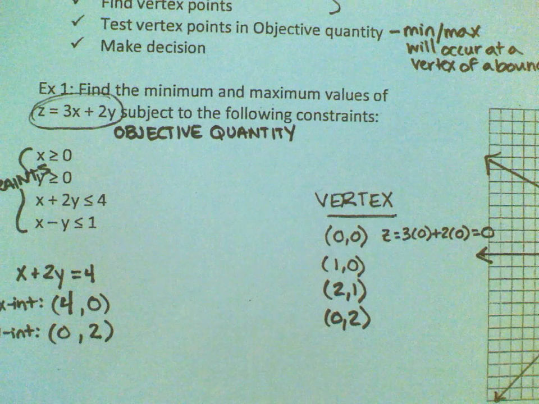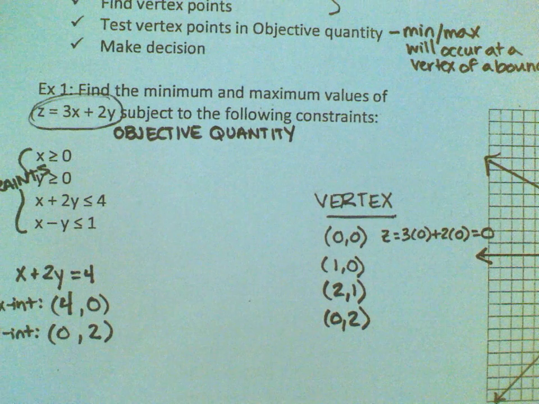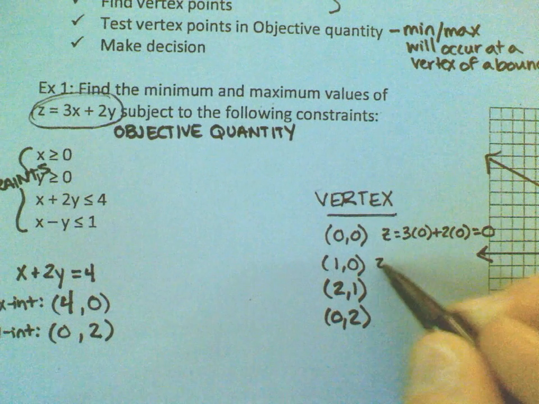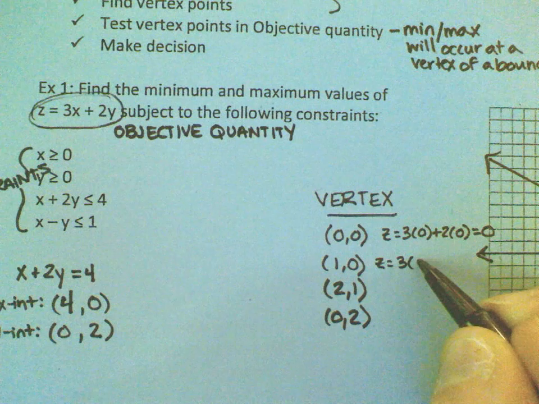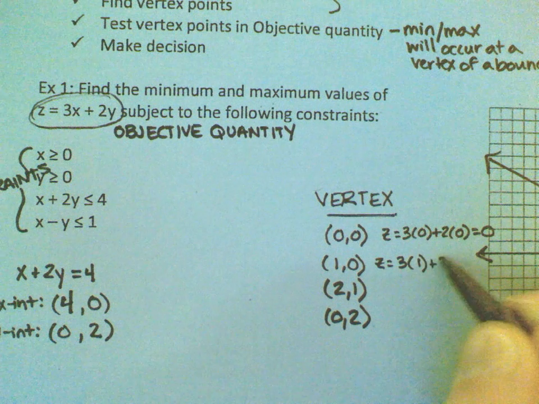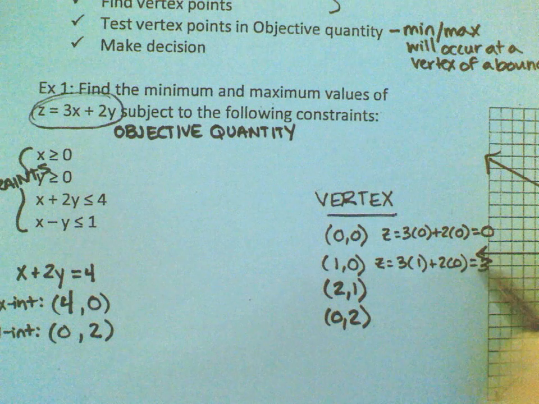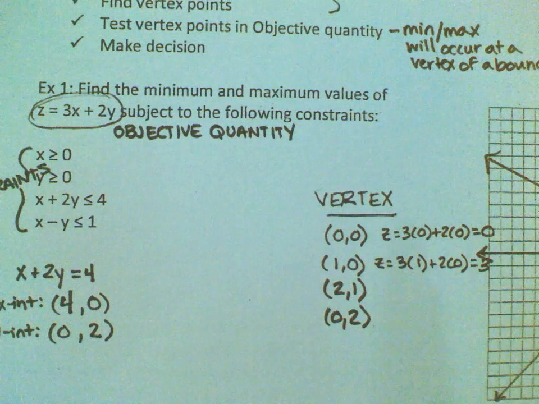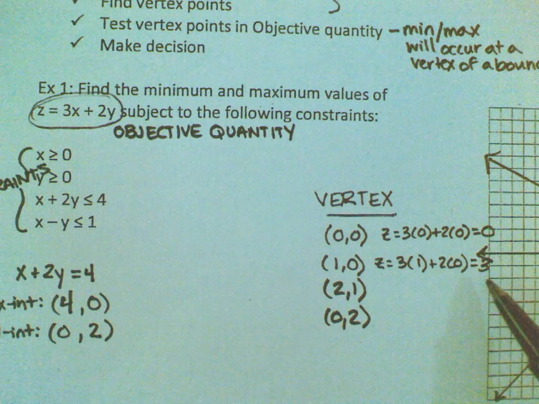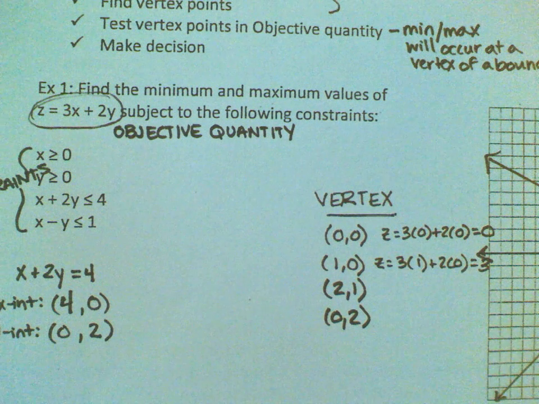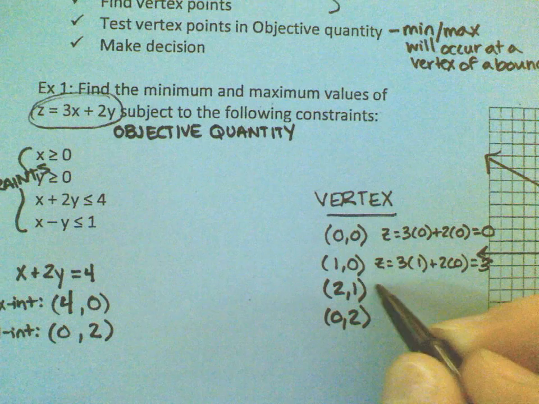That's 0. Then I'll try the next point. z equals 3 times 1 plus 2 times 0. That's 3. So right now I have a minimum of 0 and a maximum of 3, but I've got to keep checking to see if anybody's lower or higher.